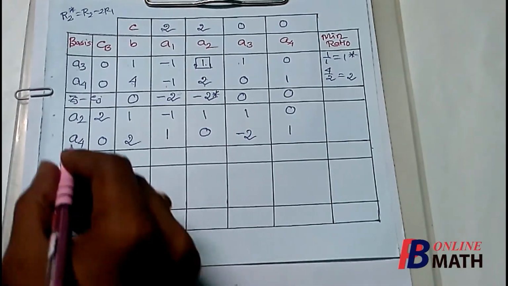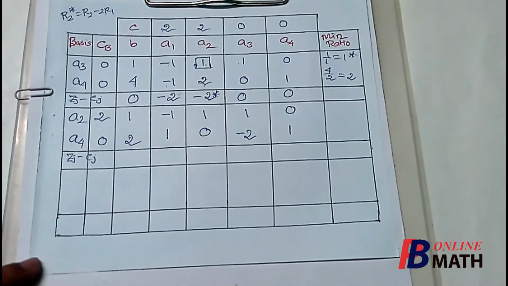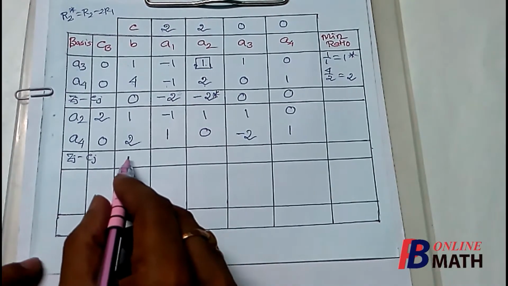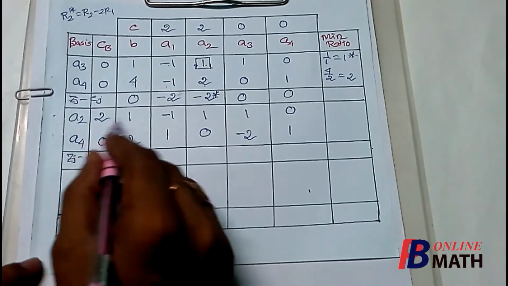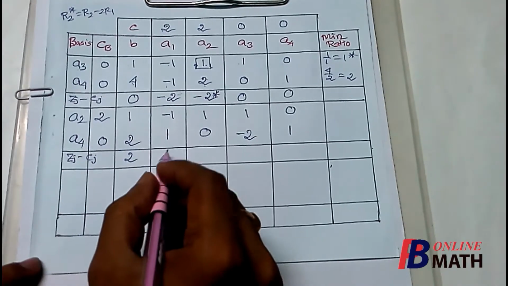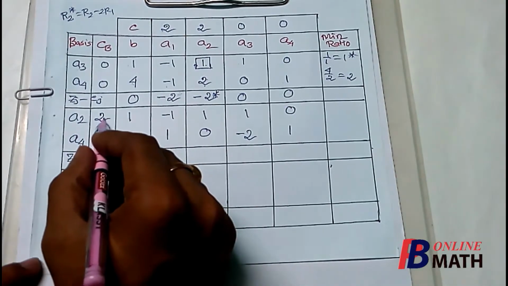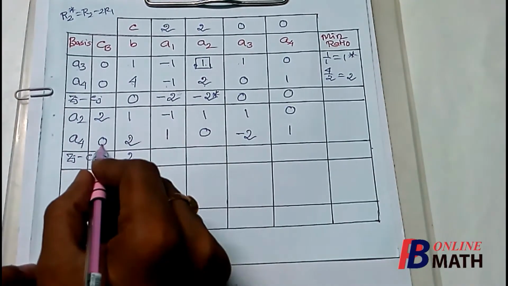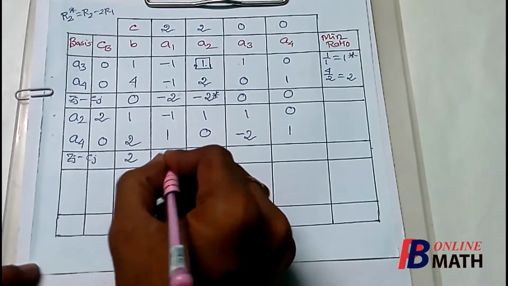Now we shall find Zj minus Cj. For that, the first value is 2 into 1 plus 0 into 2. So 2 plus 0 is 2. Now this value is equal to 2 into minus 1 plus 0 into 1 minus 2. So minus 2 minus 2, that is minus 4.